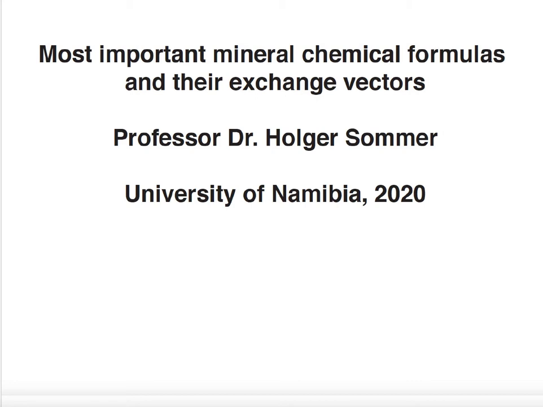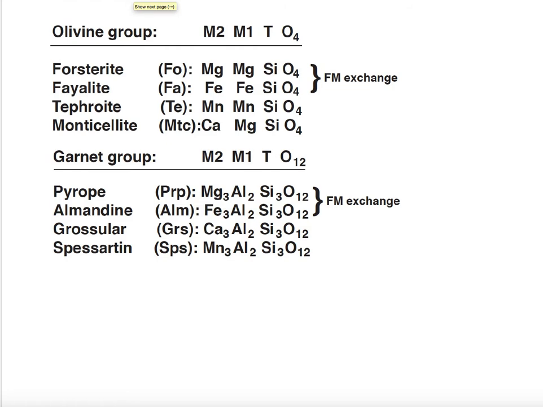So now we are going to our next slide, and that is now the method. It's actually a very simple method to write down your formulas. We are starting with the nesosilicates, and you know by now what nesosilicates are.